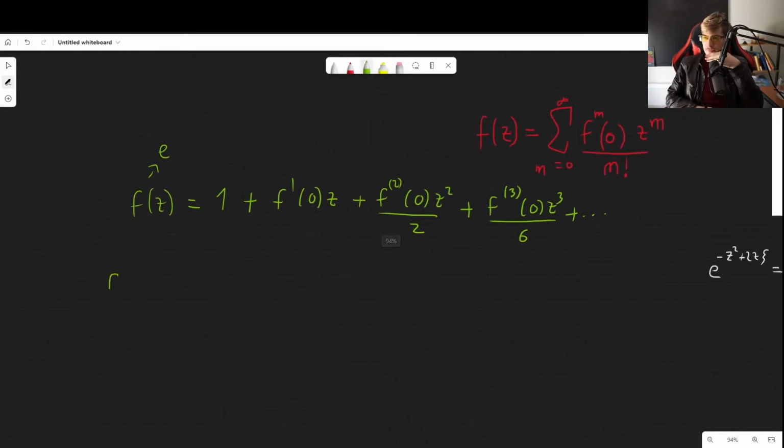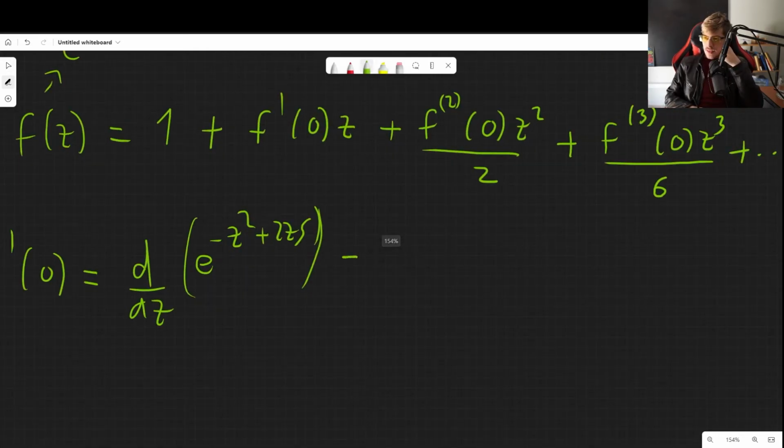So what is f prime evaluated at 0? So this is the derivative with respect to z of e to the minus z squared plus 2z psi. Okay. So this is an exponential, so the derivative of the exponential is the same, but because of the chain rule, we need to multiply by what is inside.